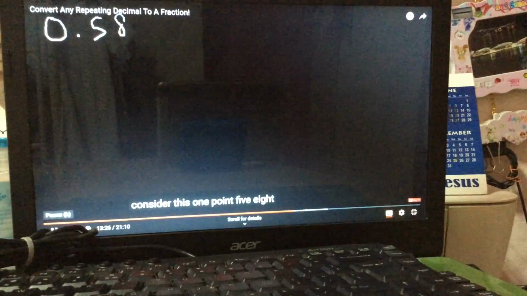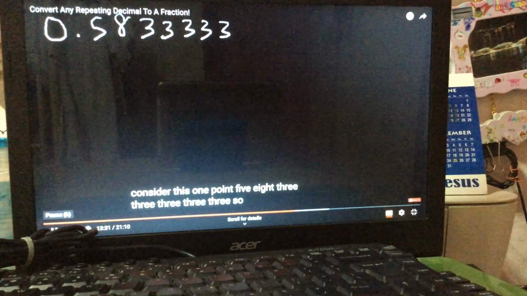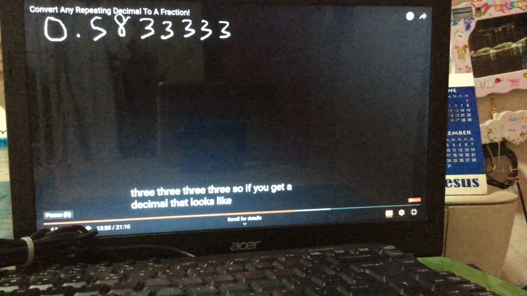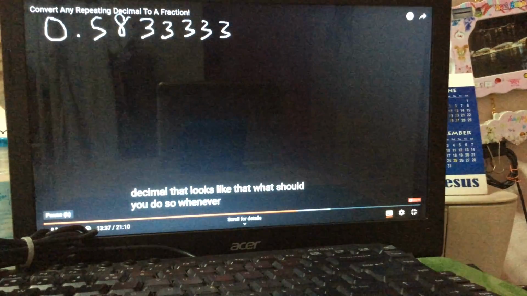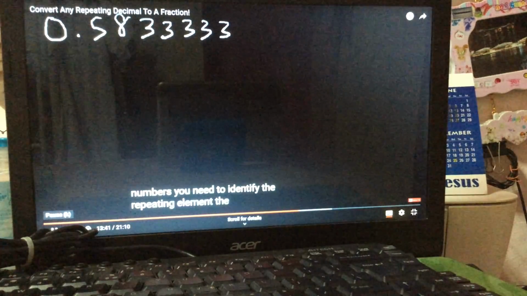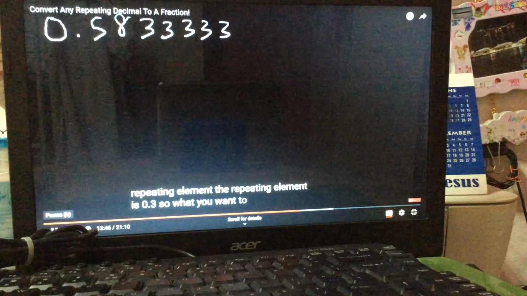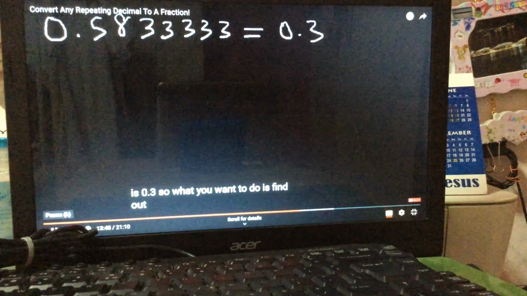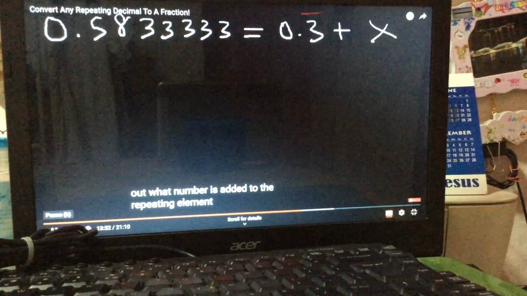Consider this one, 0.583333. So if you get a decimal that looks like that, what should you do? Whenever you have multiple numbers, you need to identify the repeating element. The repeating element is 0.3. So what you want to do is find out what number is added to the repeating element.